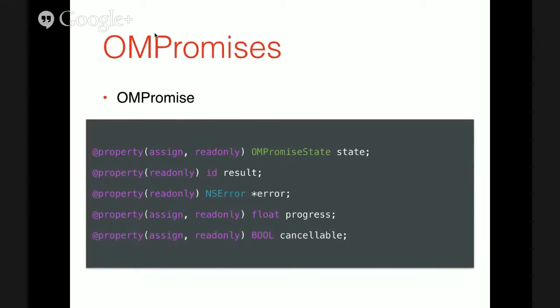Now, as far as the promise class is concerned, this one is much more important. We have several properties which are also important for the class itself, that is, for the object. We have the state. Now this is very important. A state of a promise can be unfulfilled, fail, or fulfilled. And this is related to the problem that I described.